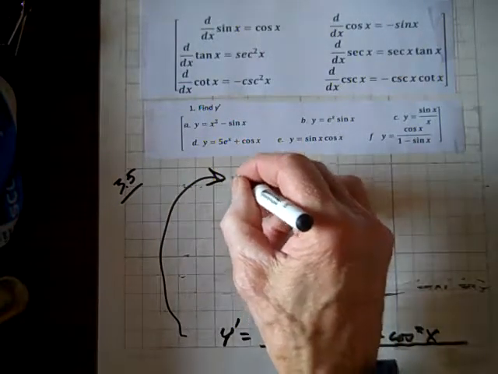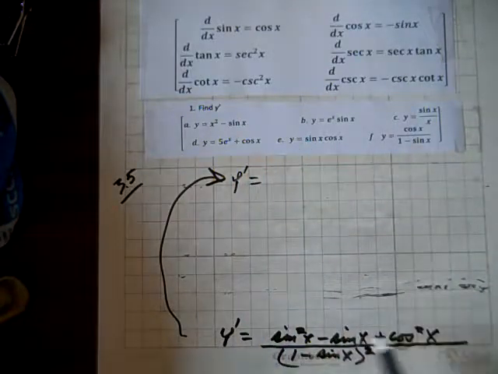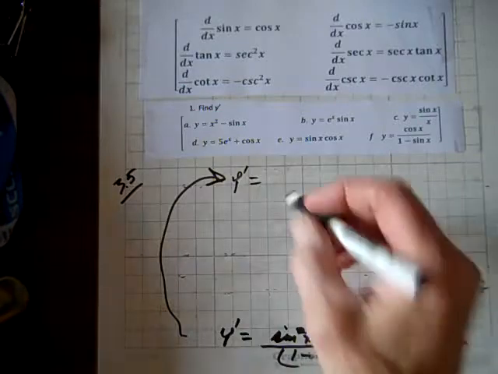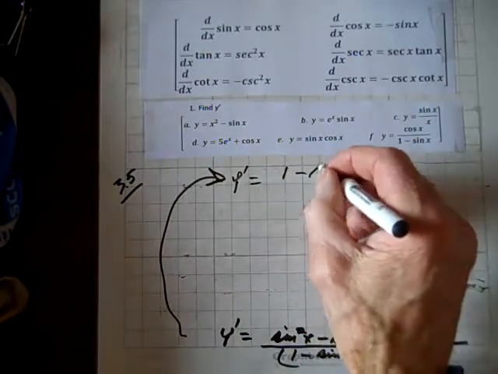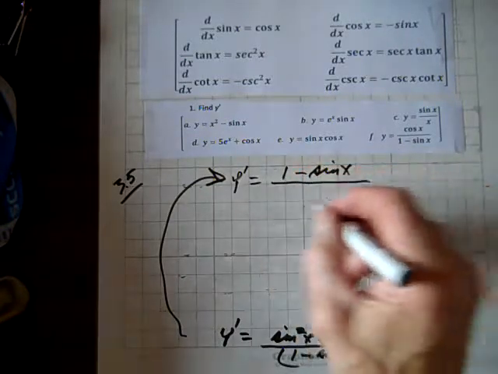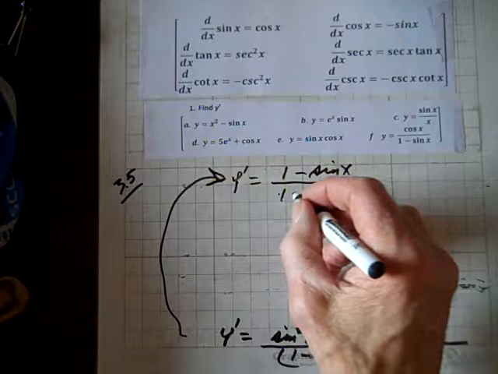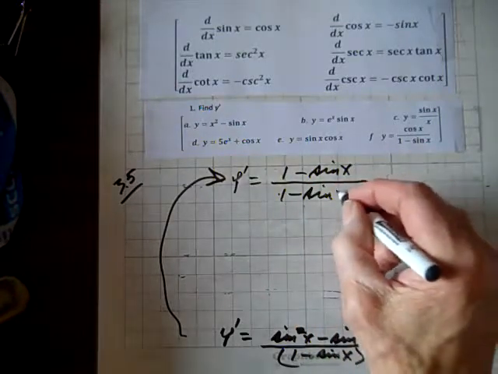So that's y prime equals, and remember, sine squared x plus cosine squared x is 1. And we still have a minus sine x. And underneath we have minus 1 minus sine x, and that's squared.